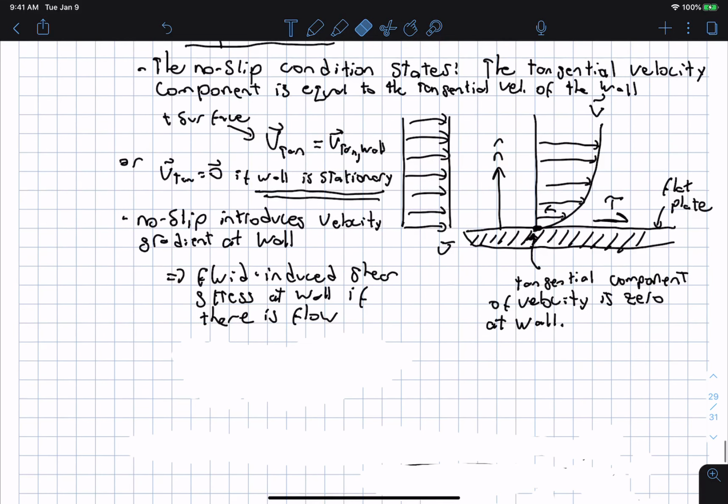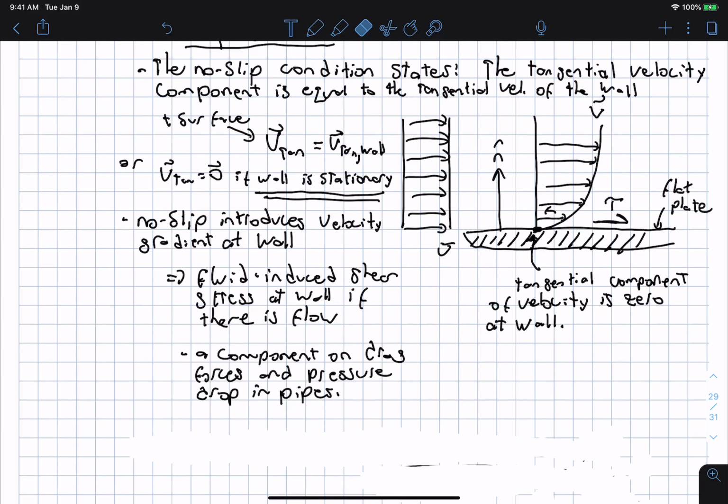And this is a major component of drag forces on an airplane wing, and also pressure drop in pipes. So this no-slip condition, in combination with viscosity, causes shear stresses, and those shear stresses are why you need pumps, why you need so much thrust for an airplane, things like that.